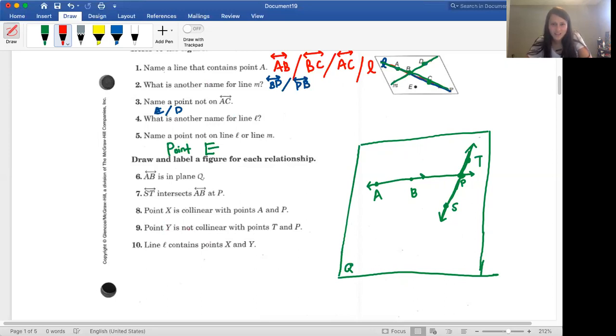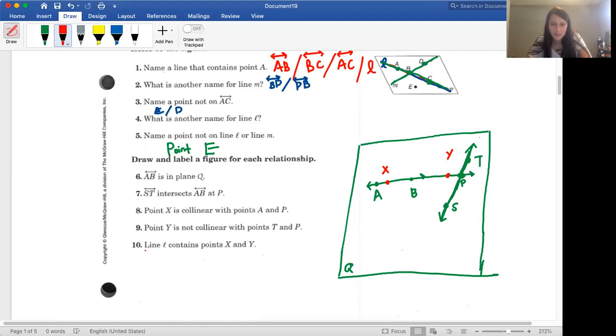Point Y is not collinear with points T and P. So I'm going to draw X maybe right here. X is right here, collinear with A and P. And then T and P. Y is not collinear. So that means point Y cannot be on this line. If it's on this line, it would be collinear, and that would be contradicting the statement. So I'm going to put Y maybe right here. And so I've got X and Y.